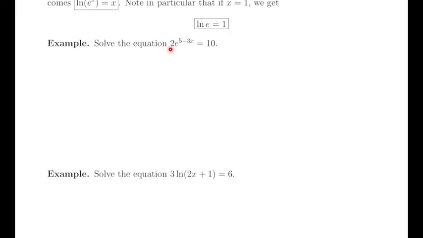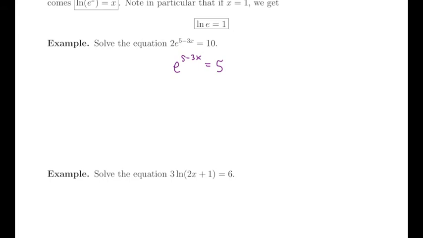First of all, you're going to have to get rid of any number that's multiplied by that exponential function. So we're going to divide both sides by 2. That's going to give us e to the 5 minus 3x is 5. And now that you just have an exponential function out here, what you can do is take the natural log of both sides. In other words, log base e on both sides. And you'll see why in a moment.